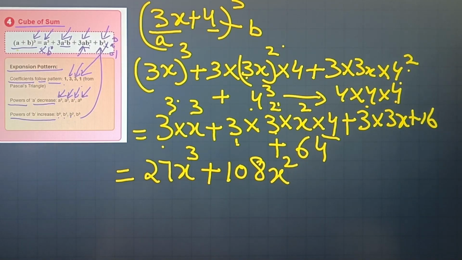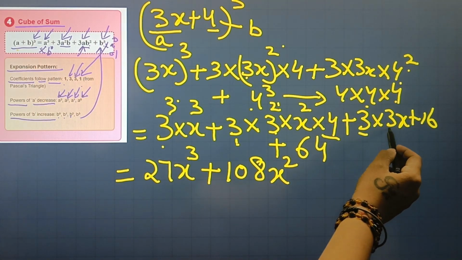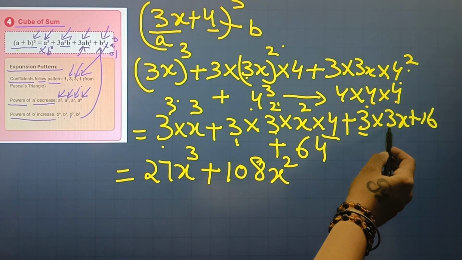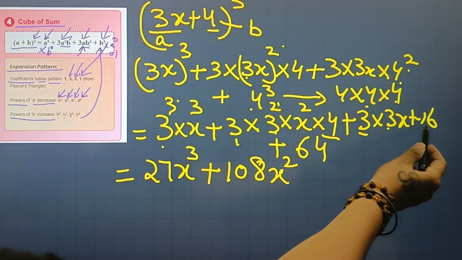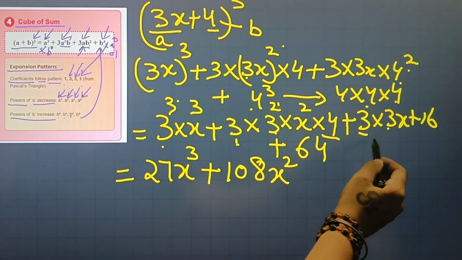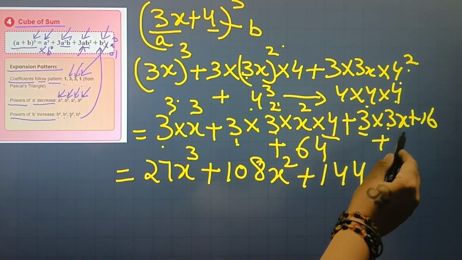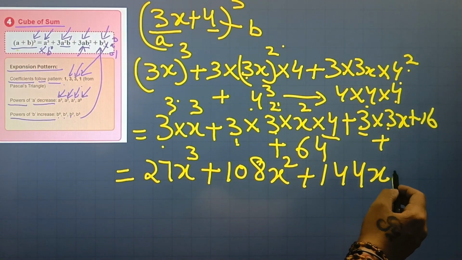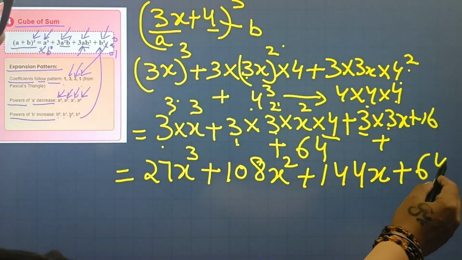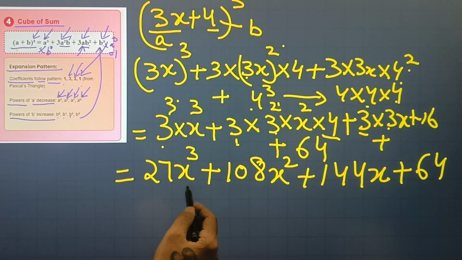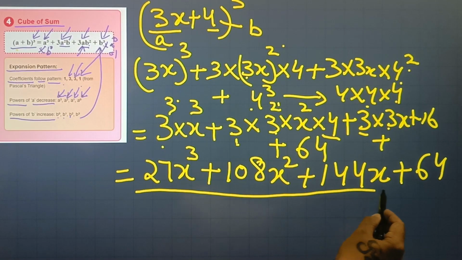So 108 x square plus 3 into 3 is 9, then 9 into 16 is 144. So plus 144 and x is also there, and last one is plus 64. So students, here we have our final answer by using this particular identity.